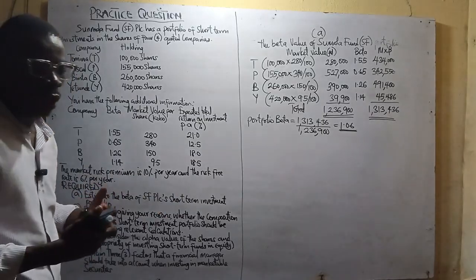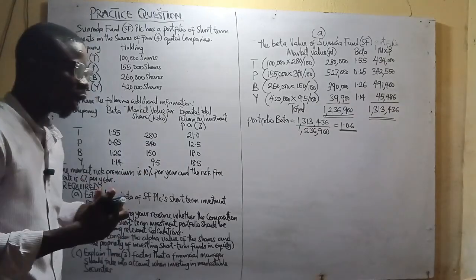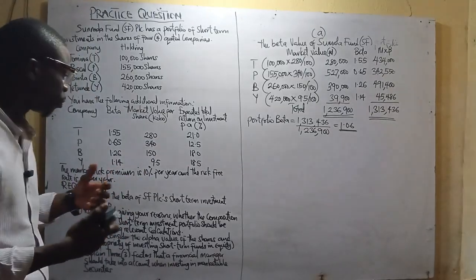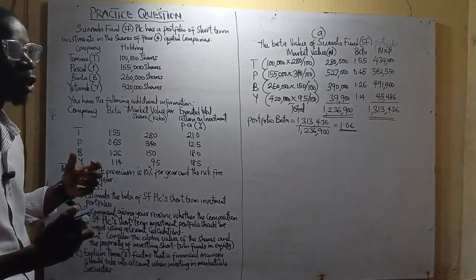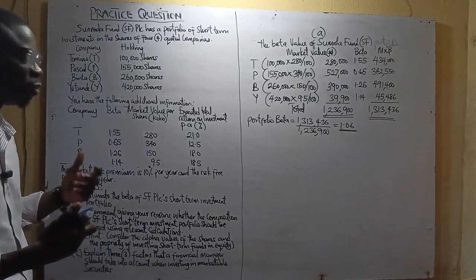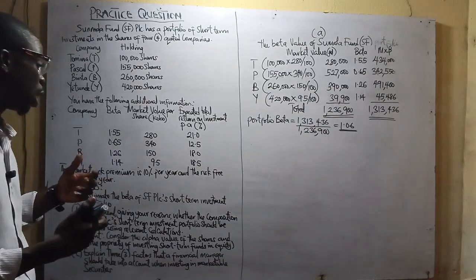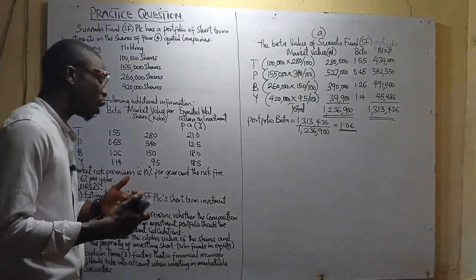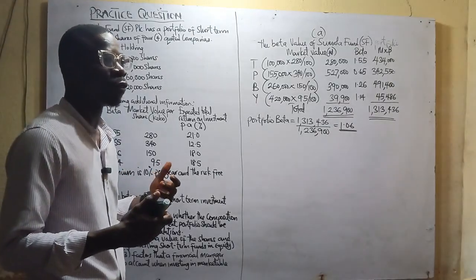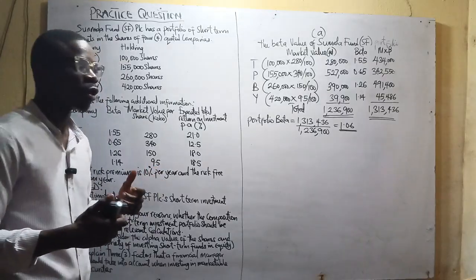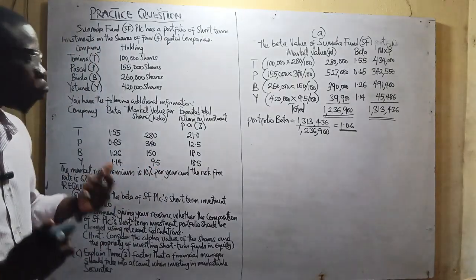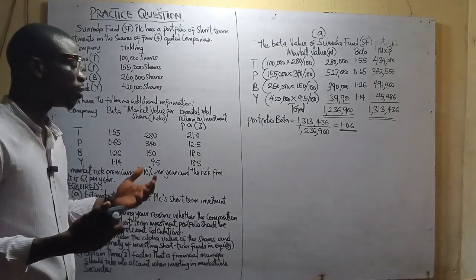They are asking whether they should change the composition. Are we supposed to increase? What they are saying is that you should give reason if you are advising that the composition of the investment should change, and also show calculation why the composition should change.